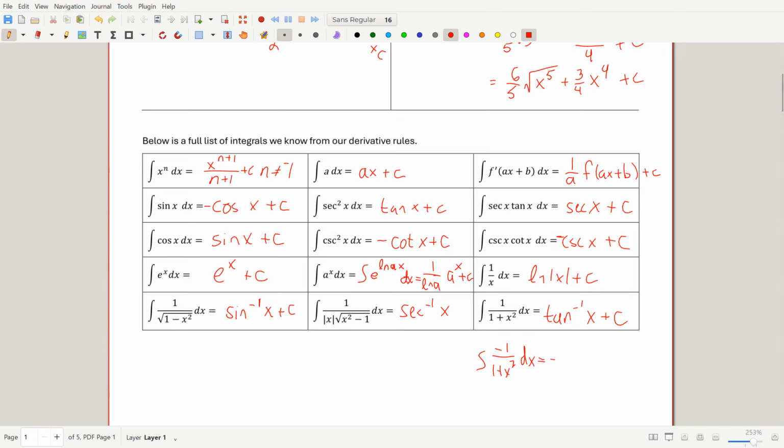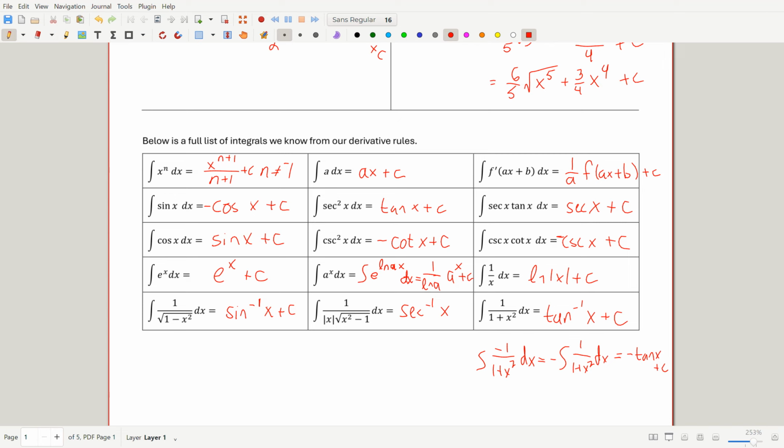I'd just pull the negative out to the front, and now I'd have the negative integral of 1 over 1 plus x squared dx, which means that this, which you could correctly write as inverse cotangent, is also negative tangent inverse of x plus c. So that's why I don't have that there, because there's never a time where you need the co functions. If you have a negative sign, pull it out of the integral and stick with the non-co argument.